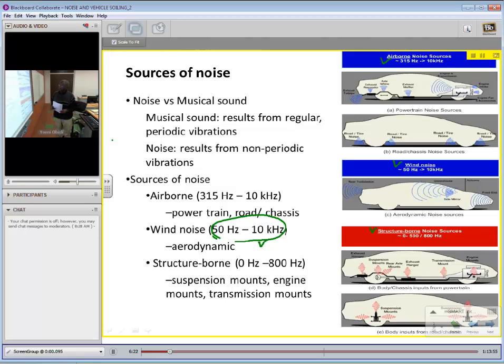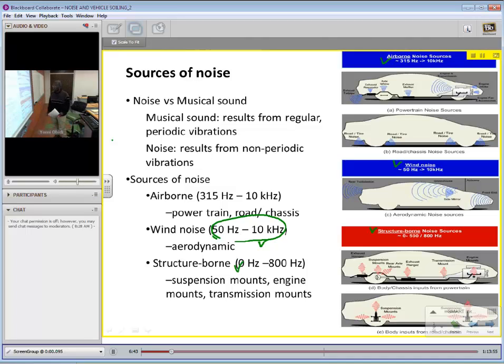It's almost impossible to eliminate noise, but we can reduce it substantially. And that's one of the efforts that we will look at here to provide improved flow and comfort for the passenger. The other type of noise is the structure-borne noise.